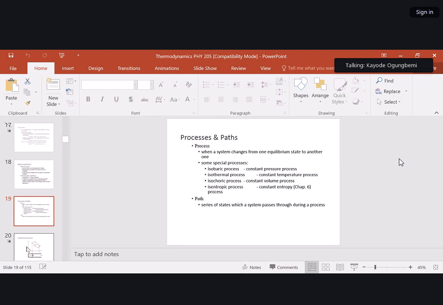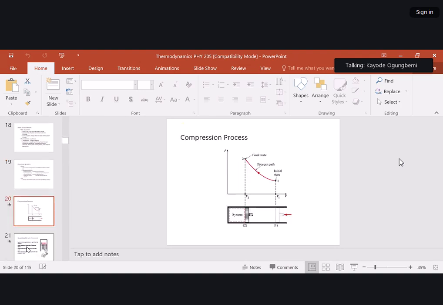A system can go from one end to the other before getting to the final destination, and a system can decide to transit through A, B, C, D before getting to its final destination. There can be different paths. If you are going out of your compound, when you live in an open compound, you have different ways you can get to your destination. So that's what we mean by paths, okay?